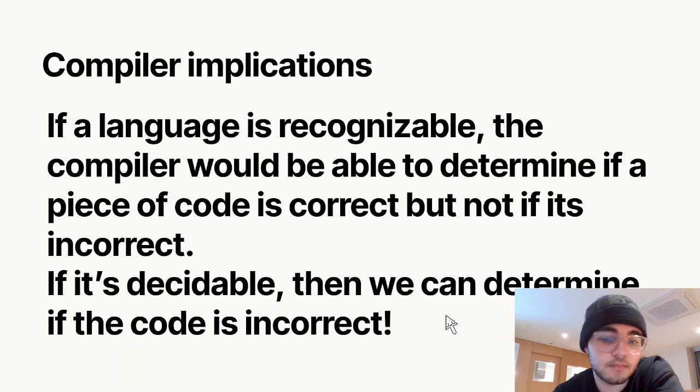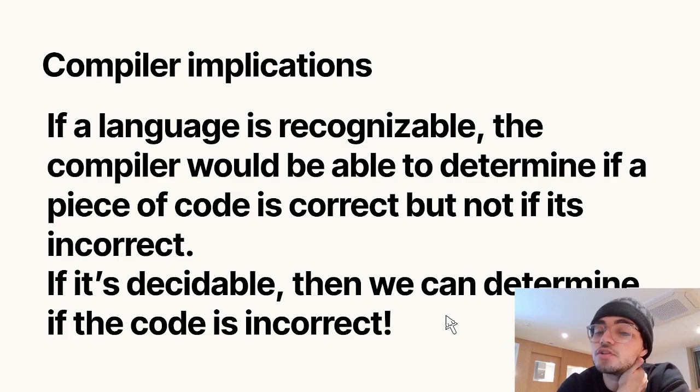So how does this affect our everyday life? We know we have compilers that recognize languages and sometimes give us errors, and maybe even know how to fix the code.